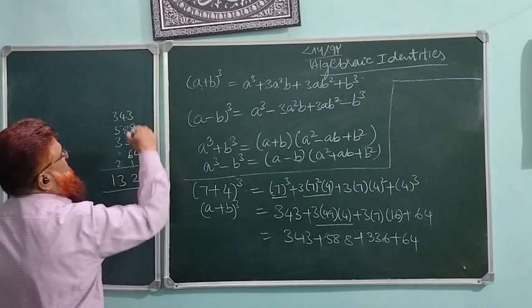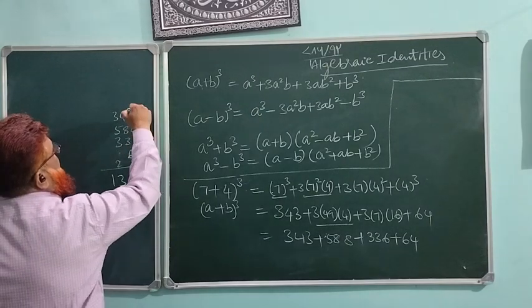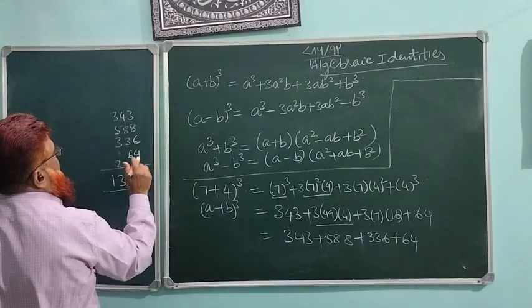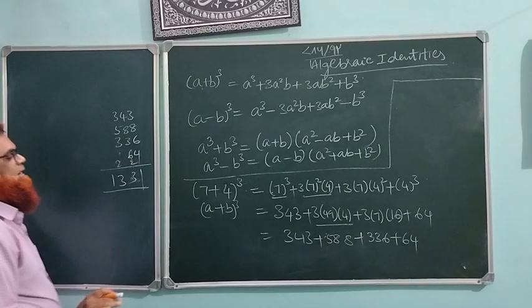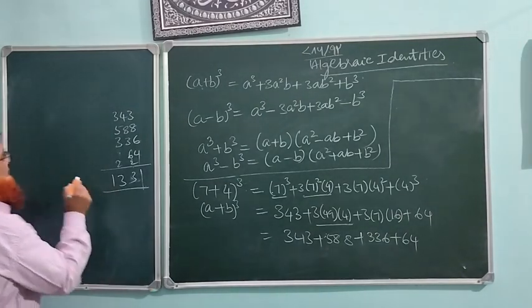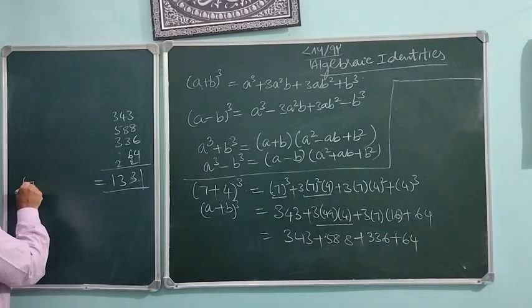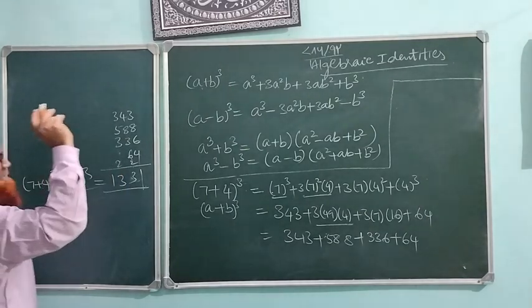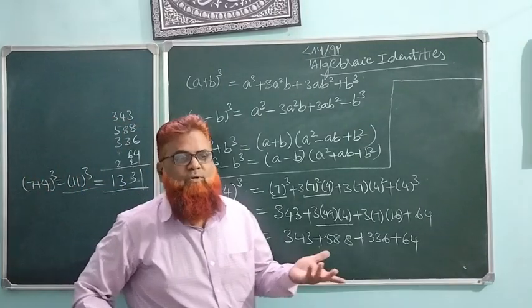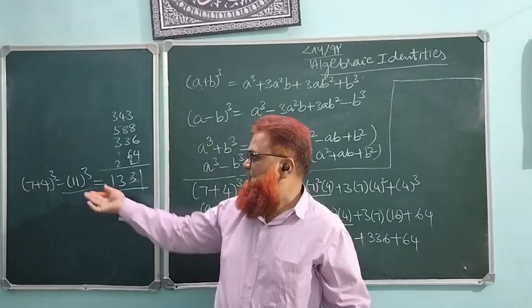So see, check it once. Sorry, it is 1331. What is 1331? 7 plus 4 whole cube, which is equal to 11 cube. Do we get the same or not?